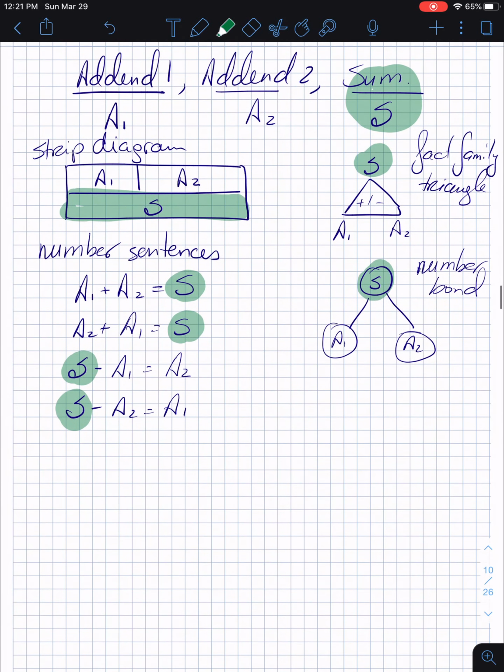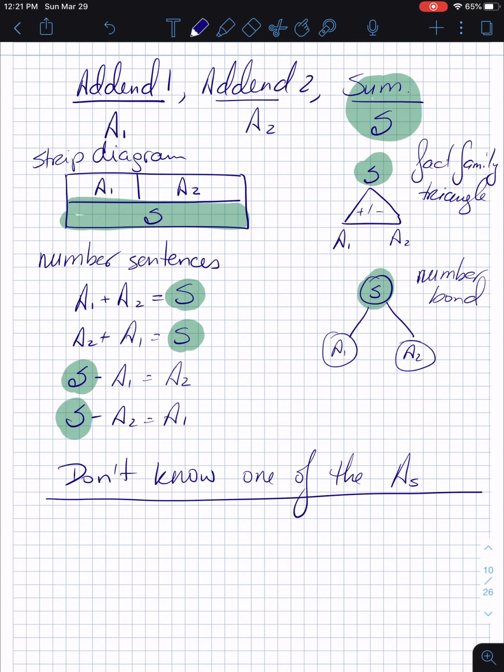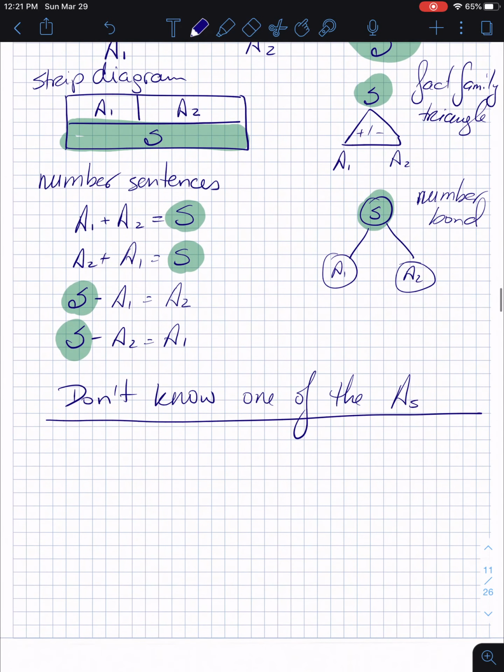So what happens if we don't know one of the addends? So if we don't know one of the addends, let's see what happens. So if we have a strip diagram, we don't know one of the addends.